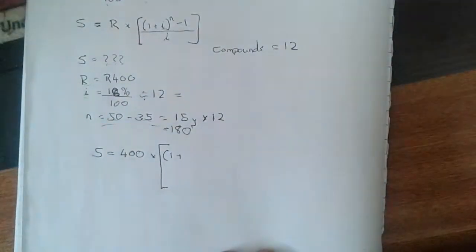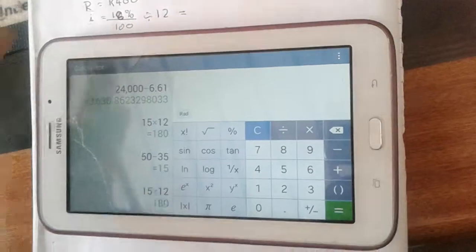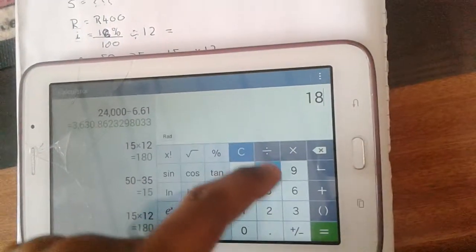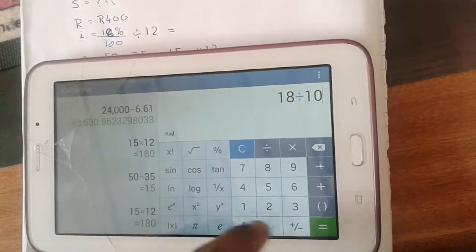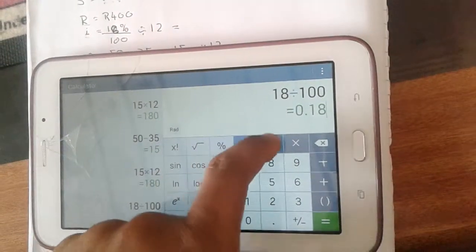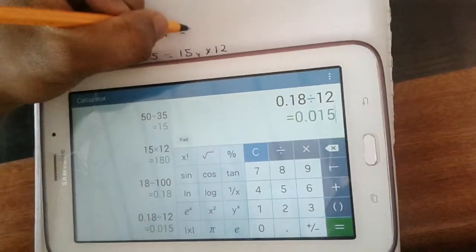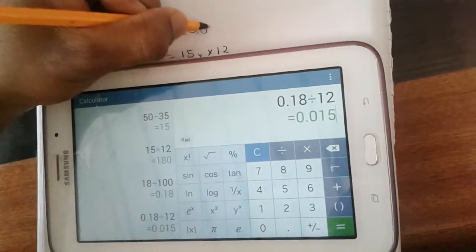I did not calculate the value of I. So it's going to be 18 divided by 100, which is 0.18, and that divided by the number of compounds, which is 12, giving 0.015.